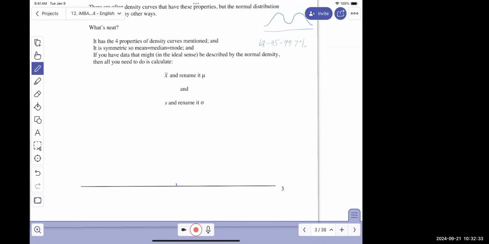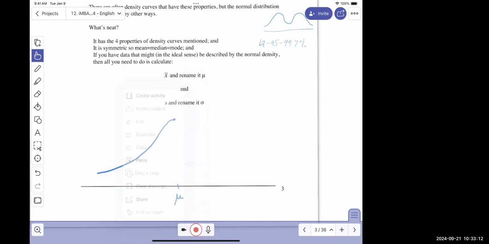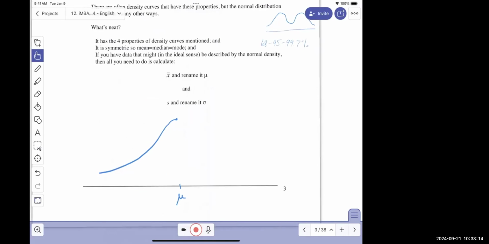And if you watch the video, I explain that you start in the middle. You're going to name it mu. And you're going to put a dot up here, and you're going to draw a curve. And then you continue to draw it the other way.